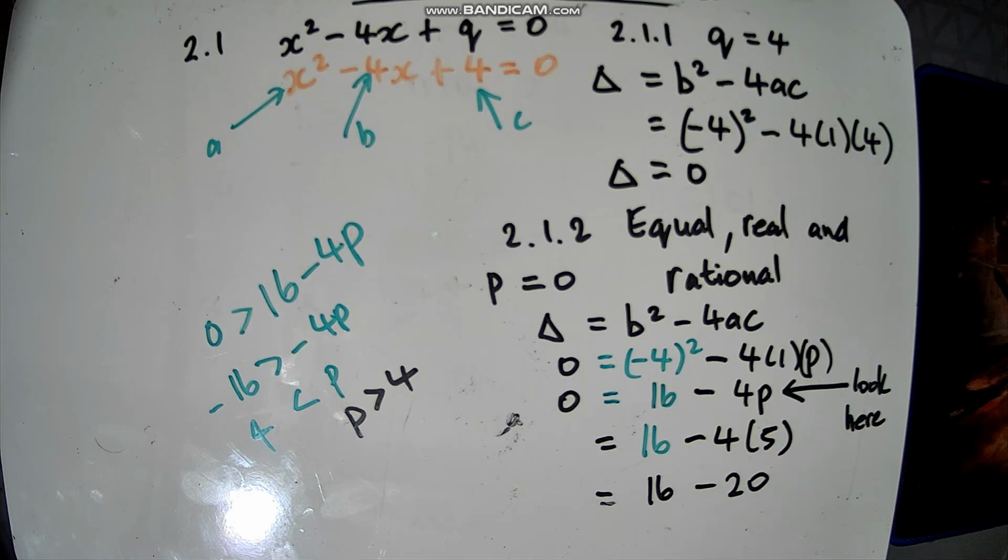So this means if the p value is anything slightly more than 4.001, this will automatically push that quadratic formula, minus b plus minus the square root of b squared minus 4ac. You won't get an answer. On your calculator, it'll say maths error. Because why? Under the square root sign, you have a value that is negative.